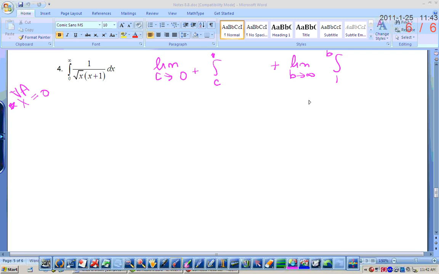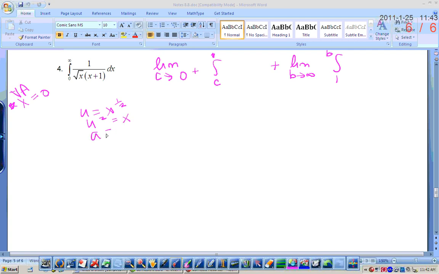Okay. Now, any thoughts as to how you are going to integrate that? It's actually an arctan, where u is actually x to the 1/2, because u squared then would be x.